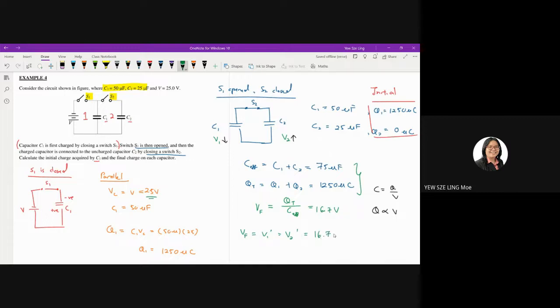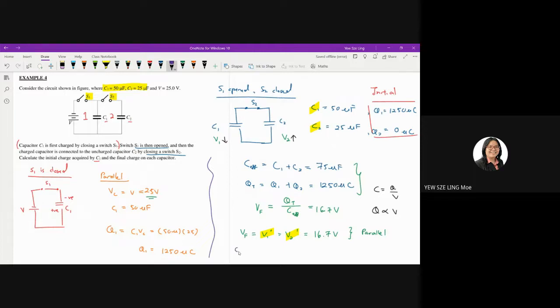So 16.7 volt. I got this relationship because I know both my capacitors are connected in parallel. Once I have the final values V1 prime and V2 prime, and I have C1 and C2, I can proceed to calculate the final charge on each capacitor.